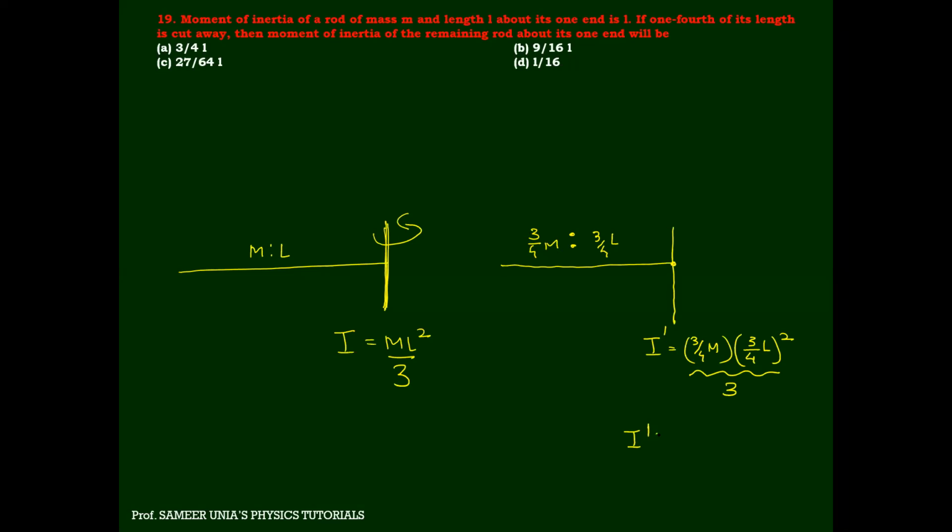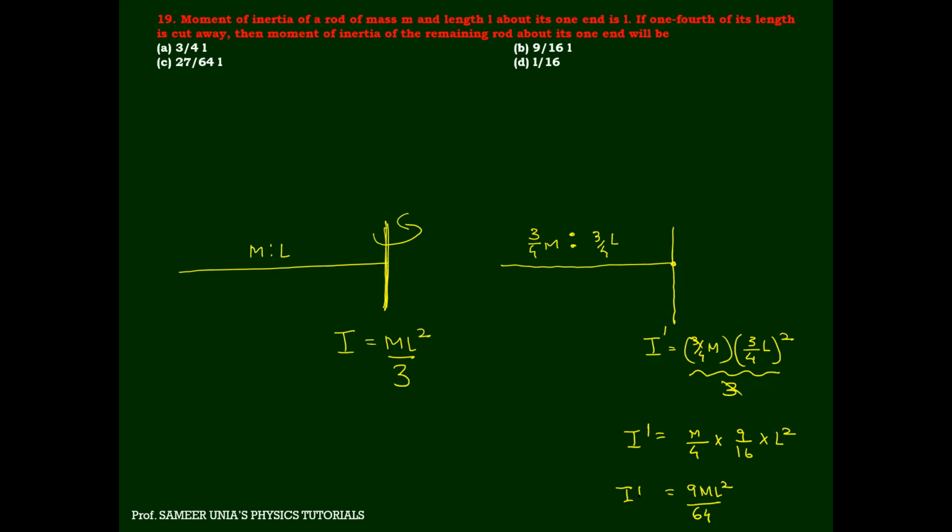So can I say I dash is going to become 3/4 m. ये 3 3 कैंसिल ही कर दो, तो ये हो जाएगा m by 4 into 3 का स्क्वायर 9, 4 square 16 into L square. So 9 ml square by 64. This is I dash.